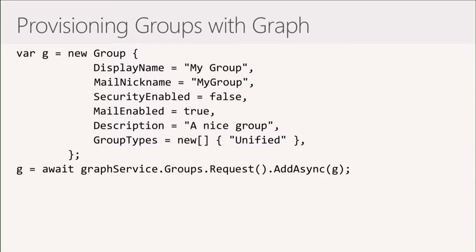Obviously, if I've got a vanilla URL, I don't really know which HTTP verbs I could use. The request object is going to say, on this particular one, I can support add and delete, so I can do a post or a delete from an HTTP point of view, or I can just do a get and an add, but no delete or something like that. So it gives me that extra wrapper. And if I'm an IntelliSense kind of person, it gives me the ability to just hit dot and see what I can do without having to fall back on the documentation.